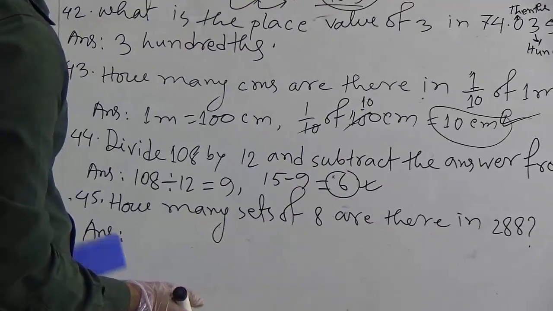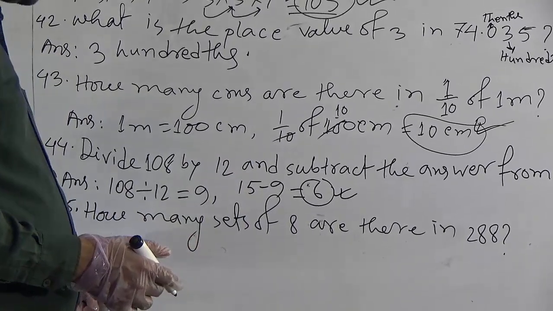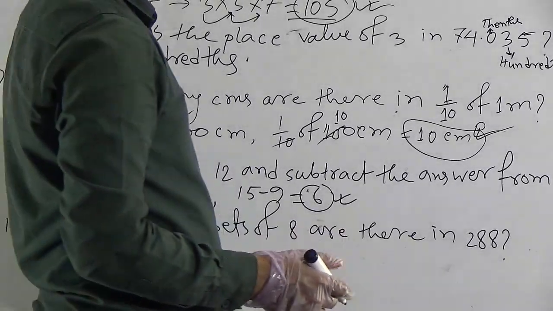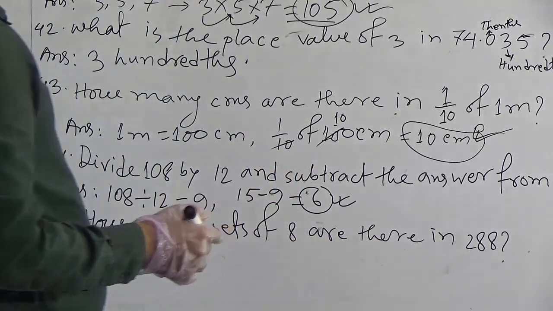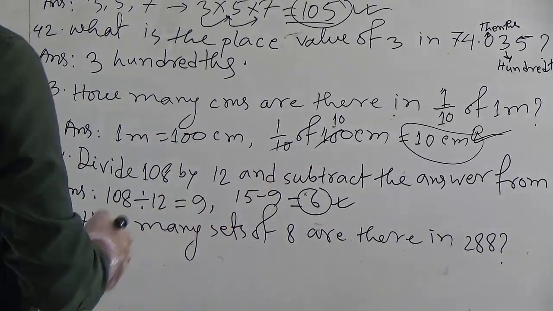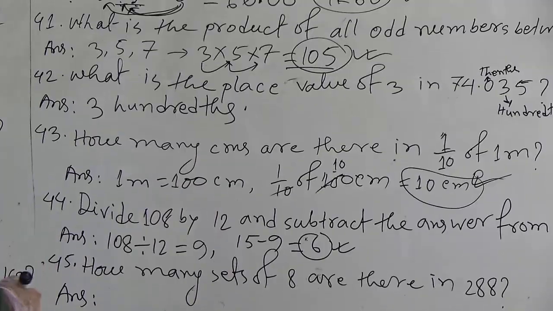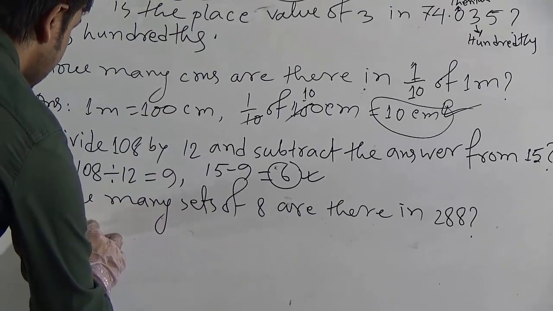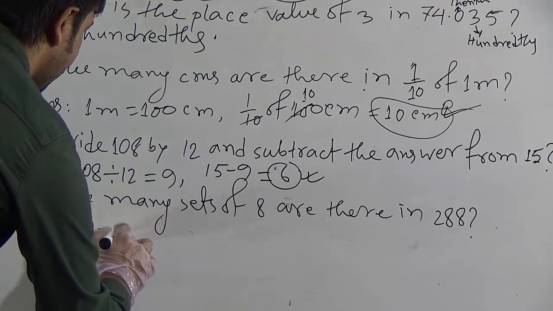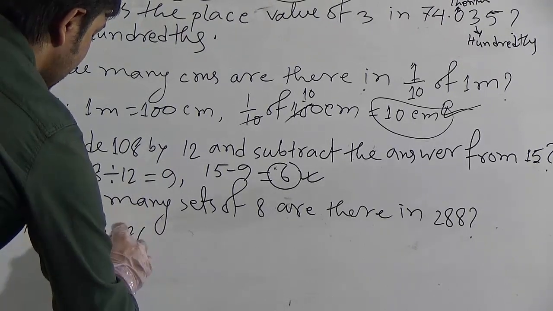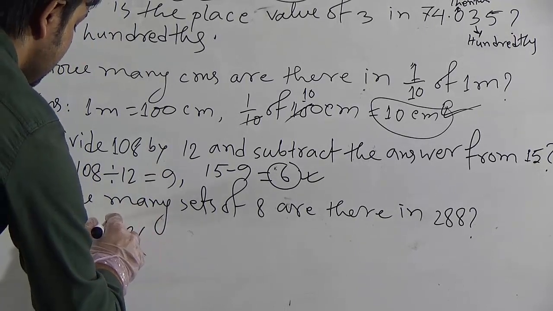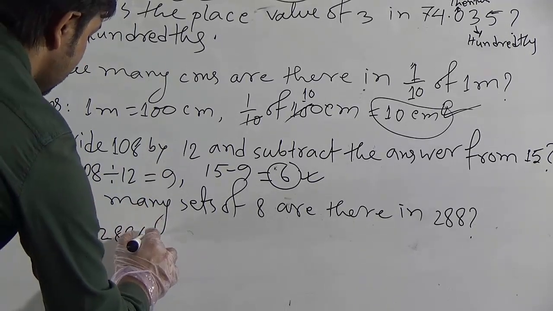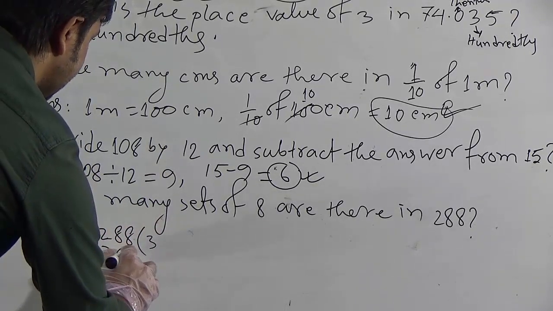Now, question 45. This is our last question today. How many sets of 8 are there in 288? To find the required answer, we have to divide 288 by 8. At first, take 2 digits as 2 is less than 8. We can consider 3 times 8 is 24.